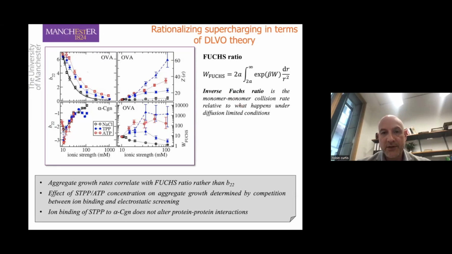We calculated the Fuchs ratio using the results from fitting to DLVO theory, and you could show that this Fuchs ratio was greatest when you get to this concentration range of 5 to 20 millimolar. So this helped rationalize how these ions were binding to the proteins and possibly reducing the aggregate growth by increasing the effective charge on the protein.